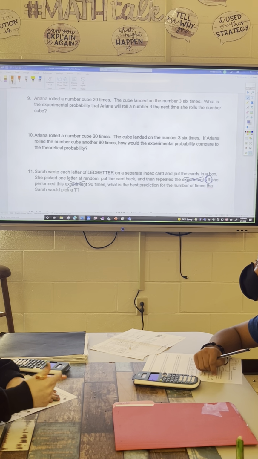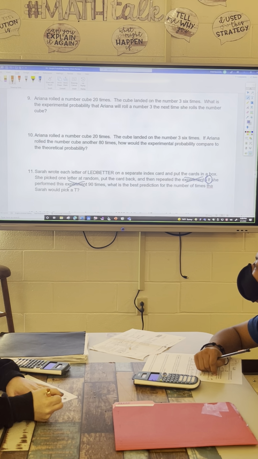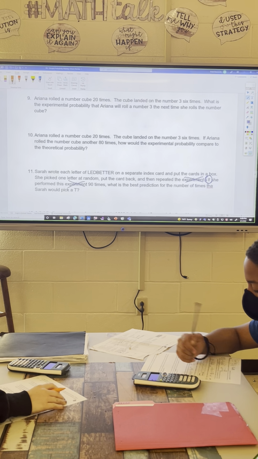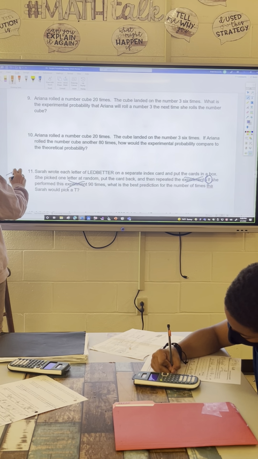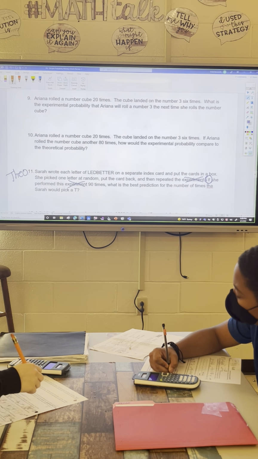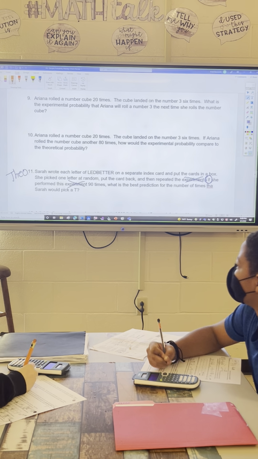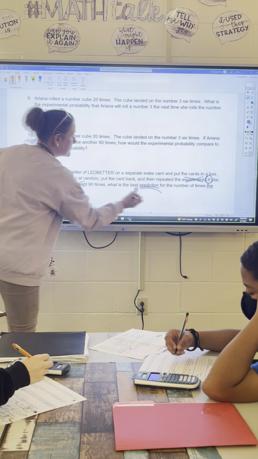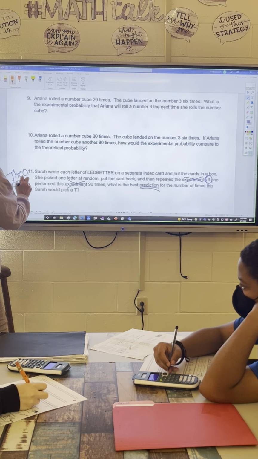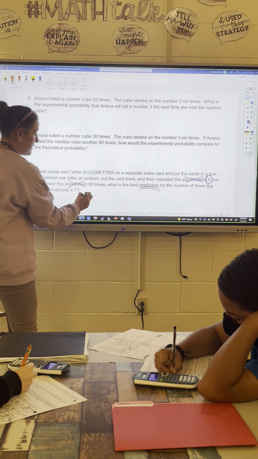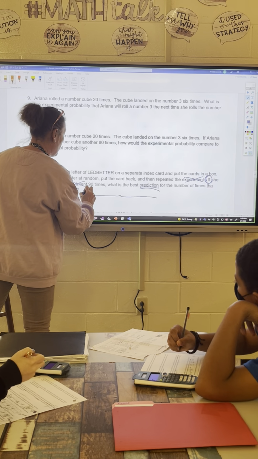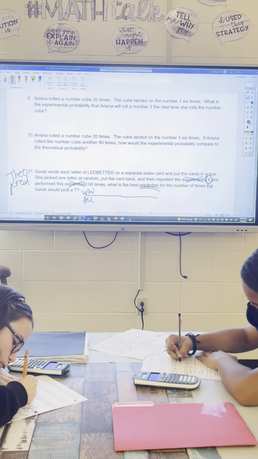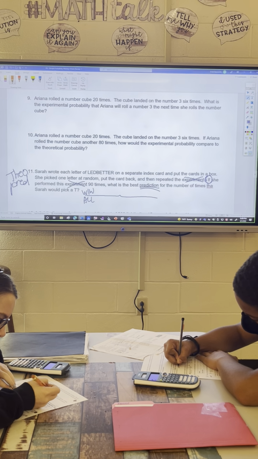And if she has not done it yet, what does that mean? That means we are dealing with theoretical probability. And we are doing a theoretical prediction. So, we have what I want out of all I have.